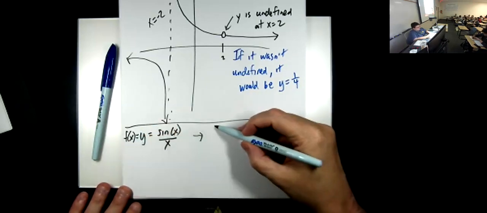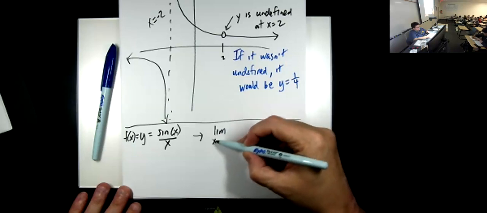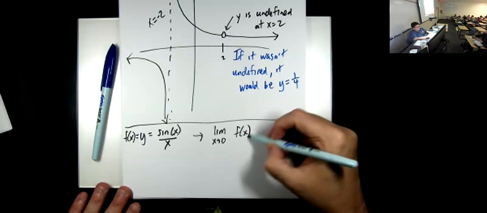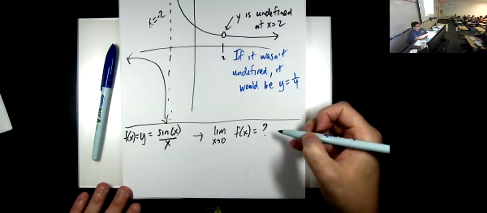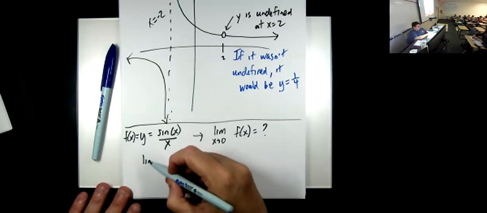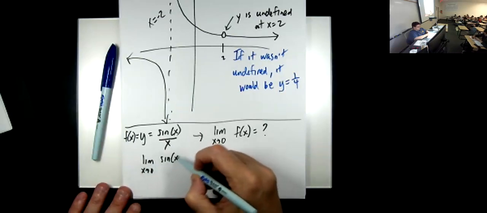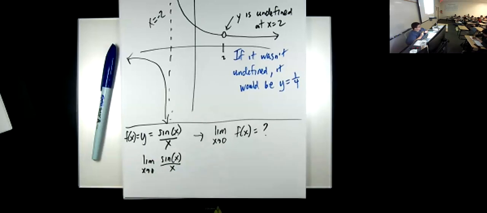And we're going to do the limit as x approaches 0 of f of x and find out what that equals. Or the limit as x approaches 0 of sine of x over x. Now I cannot plug in x equals 0, right? This breaks our function.